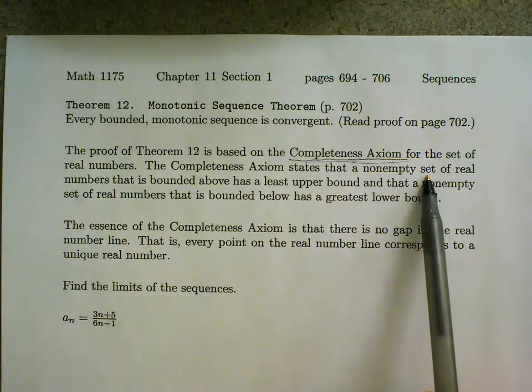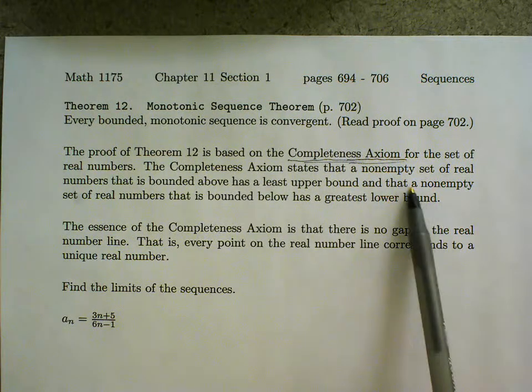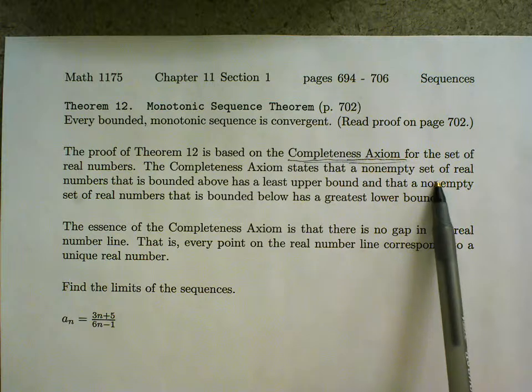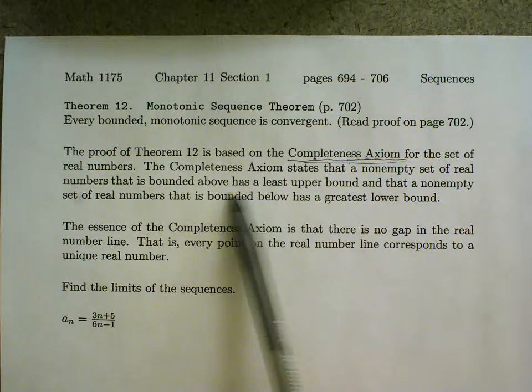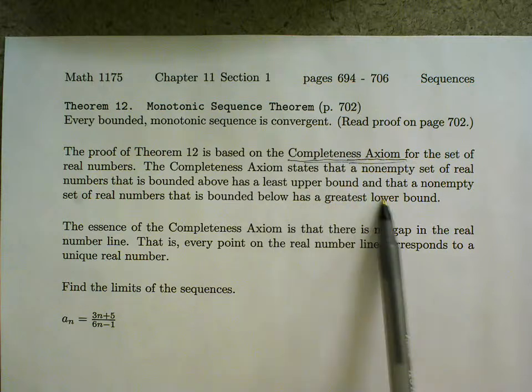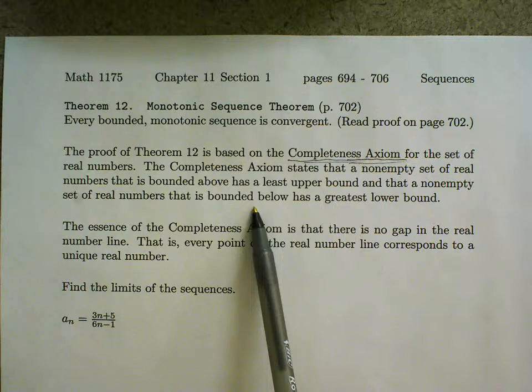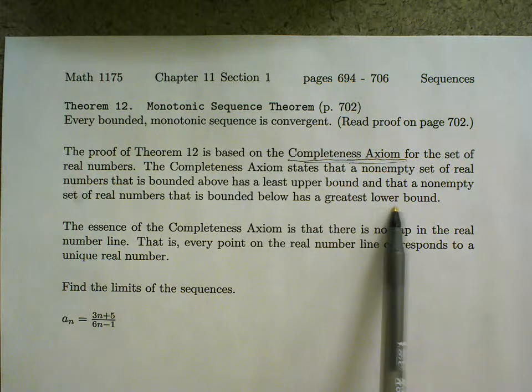Okay, so the completeness axiom states that a non-empty set of real numbers that is bounded above has a least upper bound. And it also states that a non-empty set of real numbers that is bounded below has a greatest lower bound.